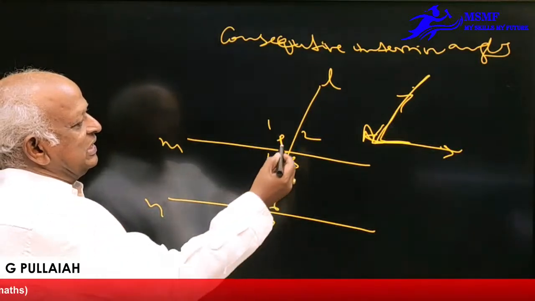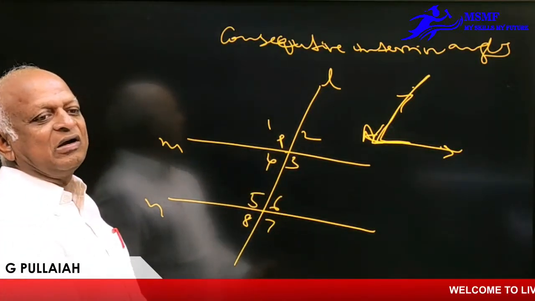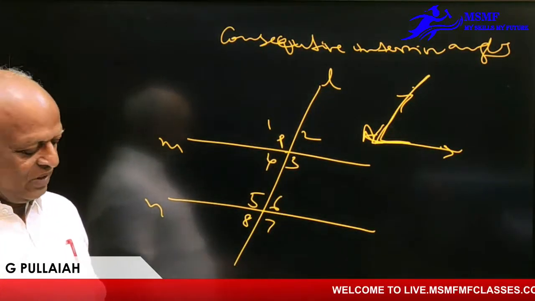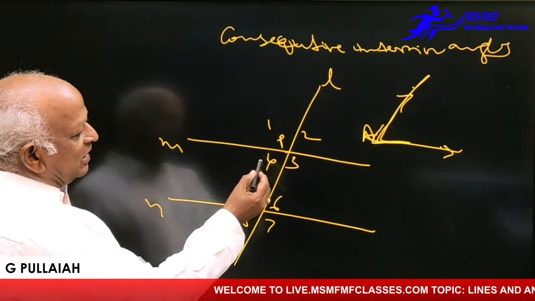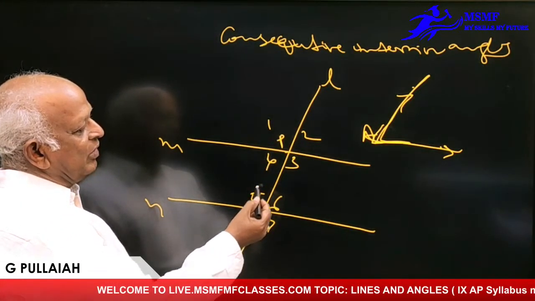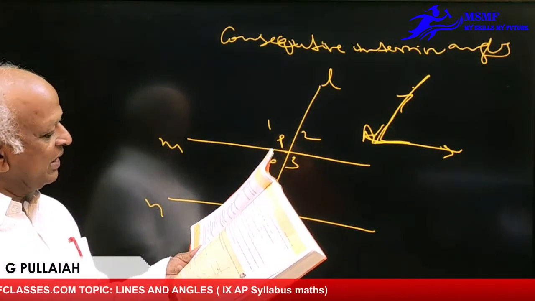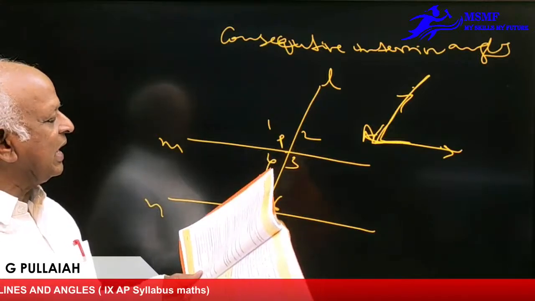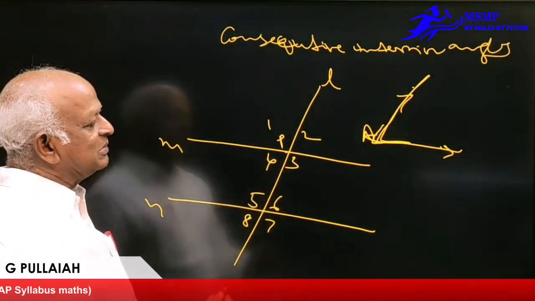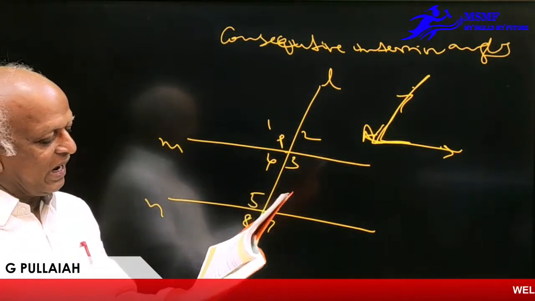Similarly, you can say 2 and 7 are the consecutive exterior angles. So think very carefully, and also you can say 4 and 5 are the consecutive interior angles. We can also see them as co-interior angles. You can also call them the co-interior angles.